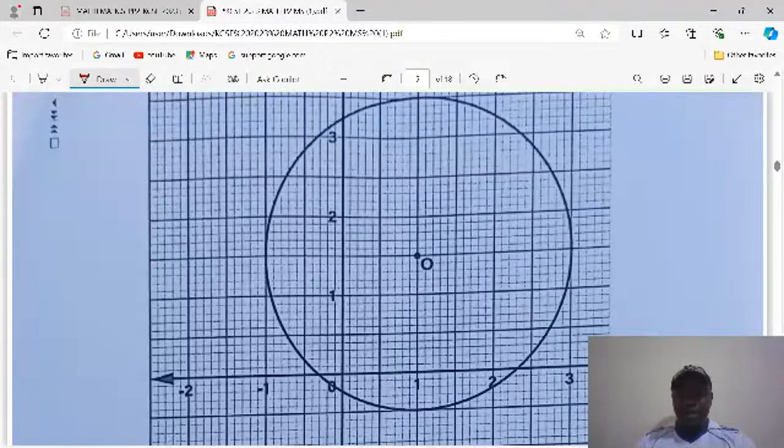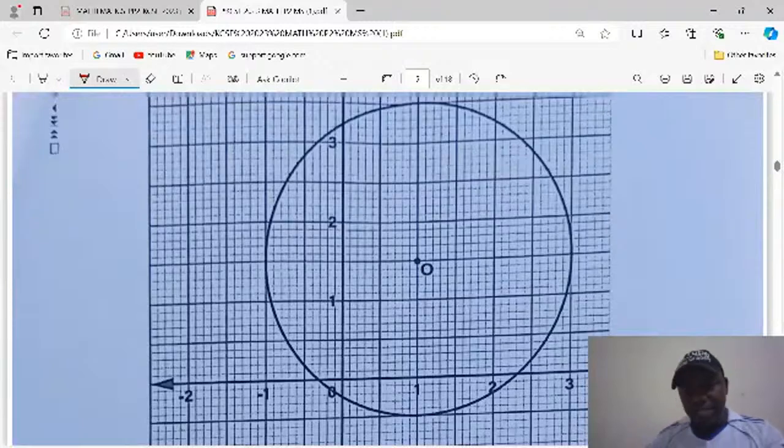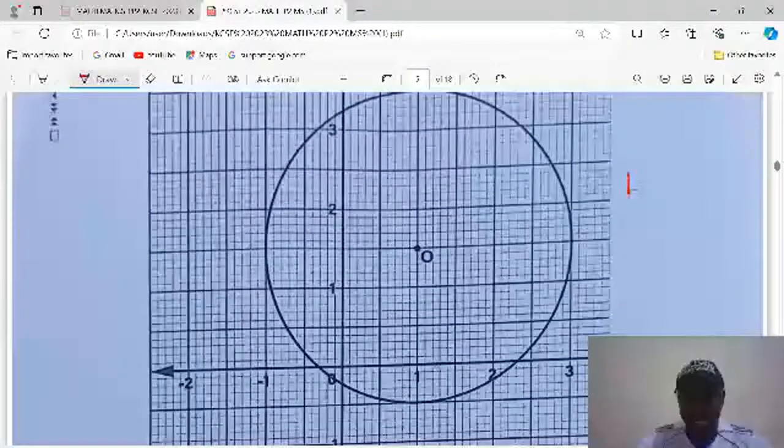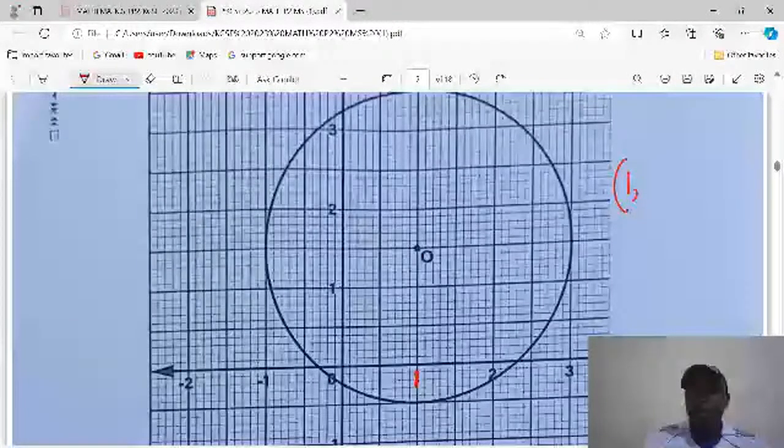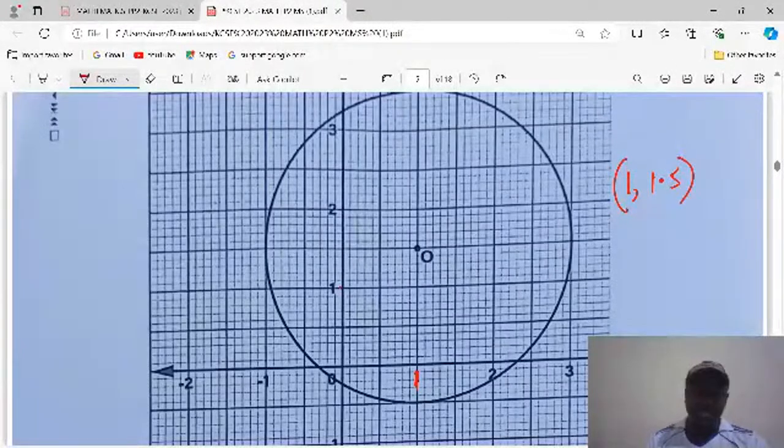When you look at this, you will be able to know that the center is a coordinate which can be read. This is an x coordinate of 1 because this is 1. And for the y, it's now between 1 and 2, which means 1.5. So that is the center for such a circle.